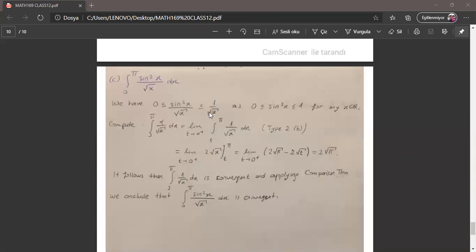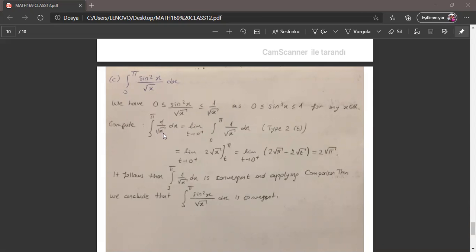Now we compute this one. Its integral is this limit when t is approaching 0 from the right-hand side. Why 0? Because in the denominator x cannot be 0.